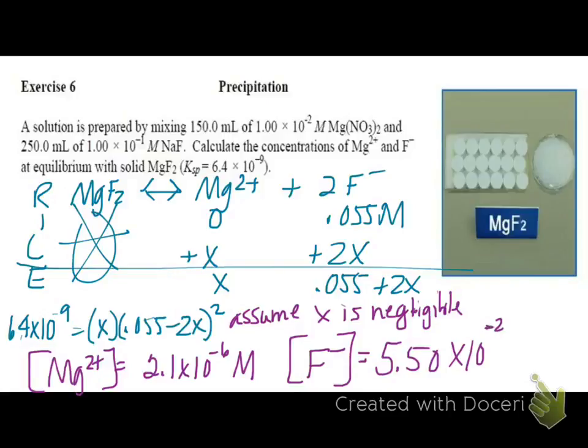Oh, well, not twice that because we had to subtract. Not subtract, add. Oh, I'm so sorry. I'm having an issue today with all these interruptions. I apologize. So this was the 0.055 plus the 2x. Okay. All right. Hopefully you understood all that because that's a lot going on in that problem.